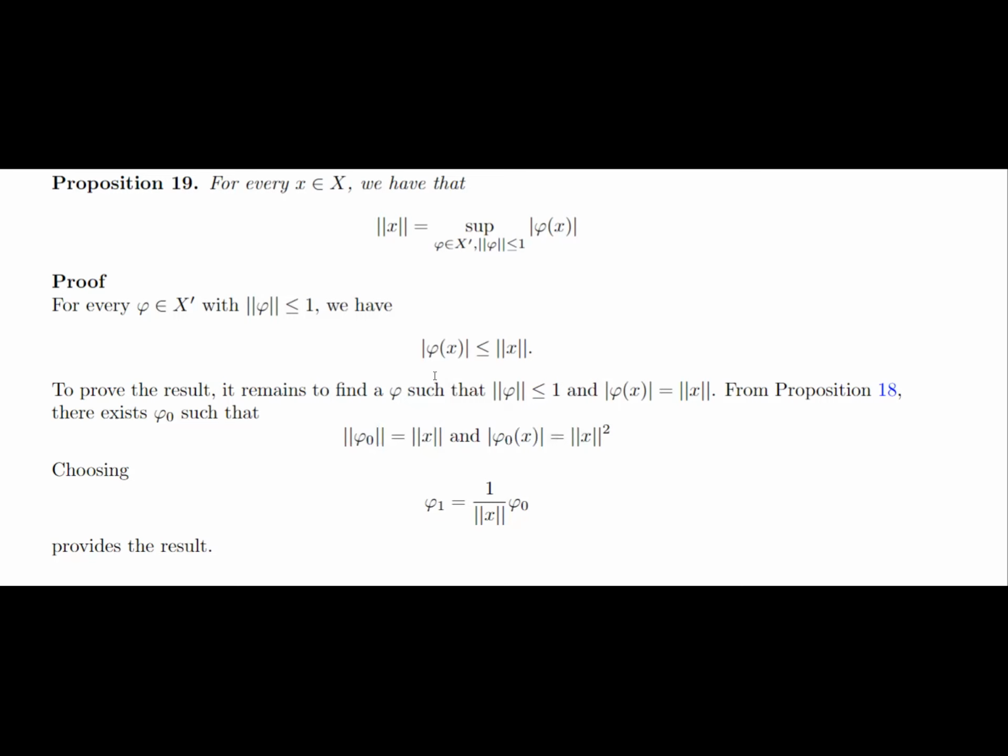So now if I want a specific phi such that the norm of phi is less than 1 and such that the absolute value of phi at x equals the norm of x, I can just take phi 1 equals 1 divided by the norm of x times phi node, and this gives the result. So I have a specific phi such that the norm of phi is less than 1, so it's phi 1, and phi 1 of x equals the norm of x. So this inequality holds, and that's it.